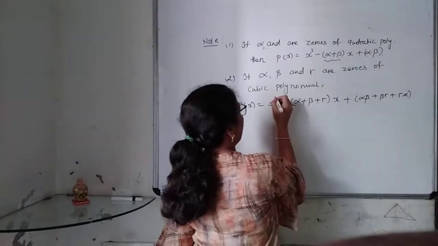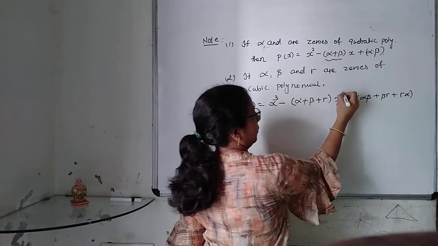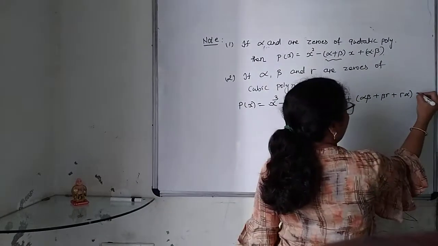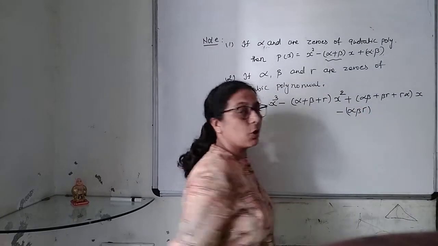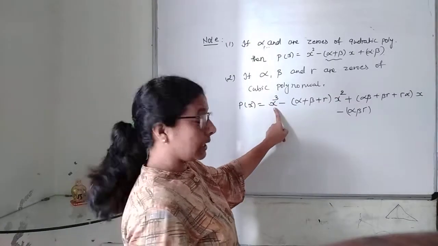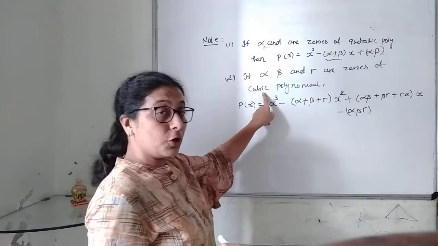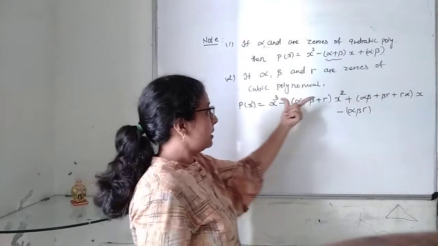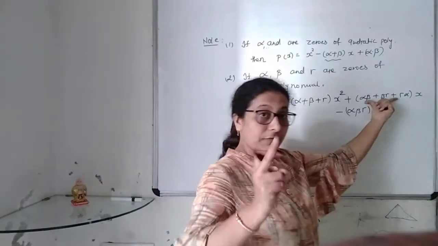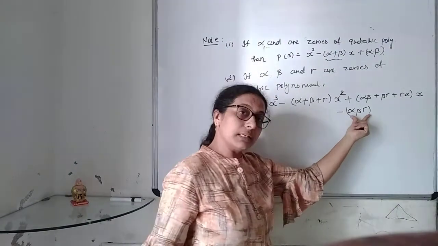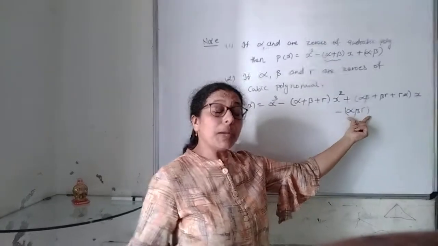Here is the x cube because it is cubic polynomial. X square. Here is x and minus alpha beta gamma are the constant term. X cube because cubic polynomial है, you will start from x cube minus sum of the zeros. Here is the sum of the product of the zeros and here is the product. This is called the cubic polynomial.